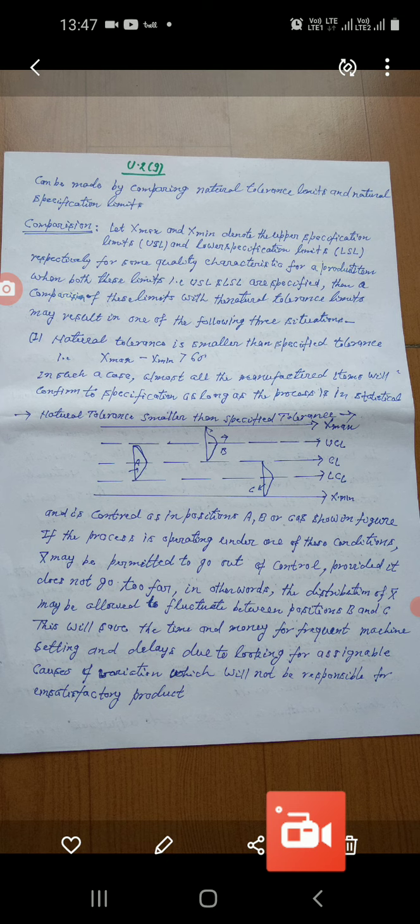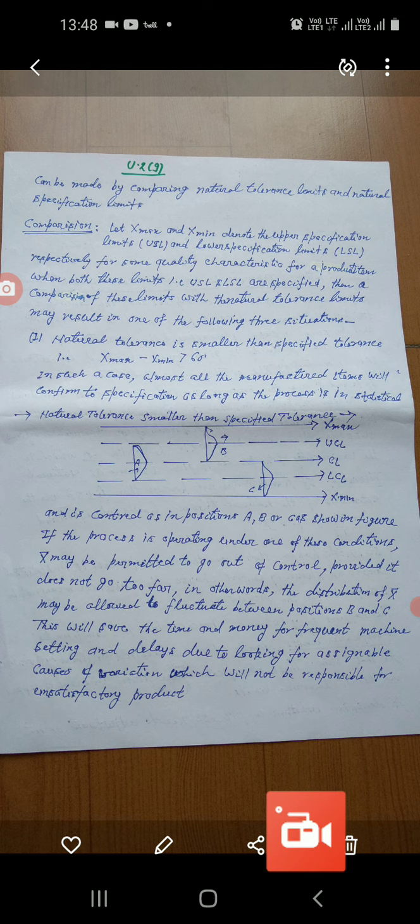When both these limits, that is USL, upper specification limit, and LSL, lower specification limit, are specified, means known, then a comparison of these limits with the natural tolerance limits may result in one of the following three situations.